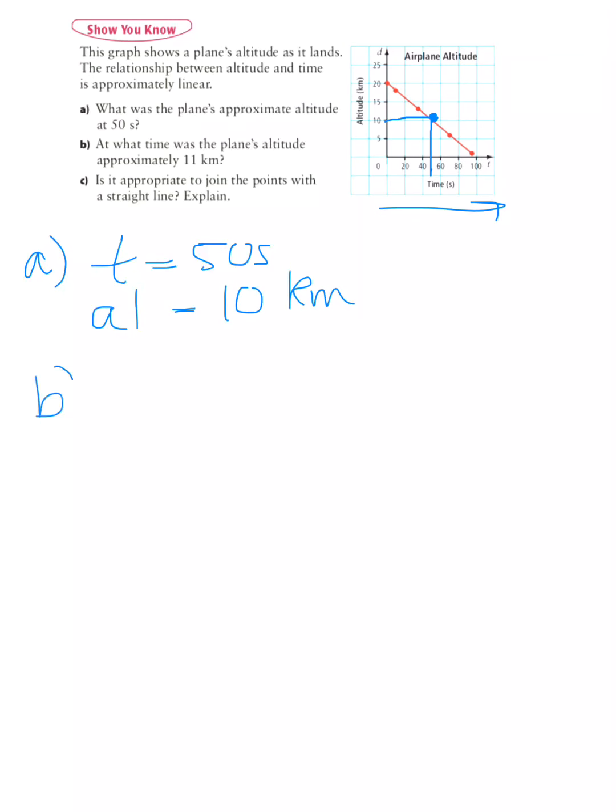Okay, part B says, at what time was the plane's altitude approximately 11 kilometers? So we look here, 11 kilometers. So 11 is going to be somewhere between these two. So we'll go across somewhere here, and I'll say it's approximately 40.